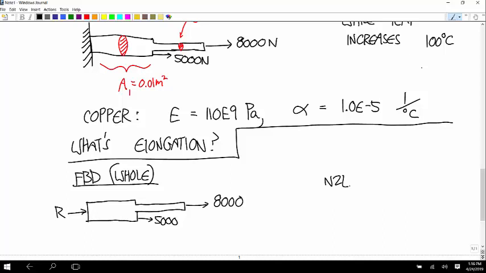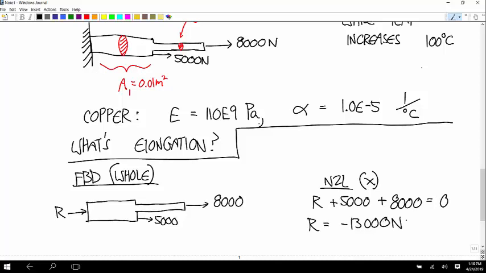So Newton's second law says, I'm just using the x component, it says positive R plus 5,000 plus 8,000 is equal to 0. So R is equal to negative 13,000 newtons.